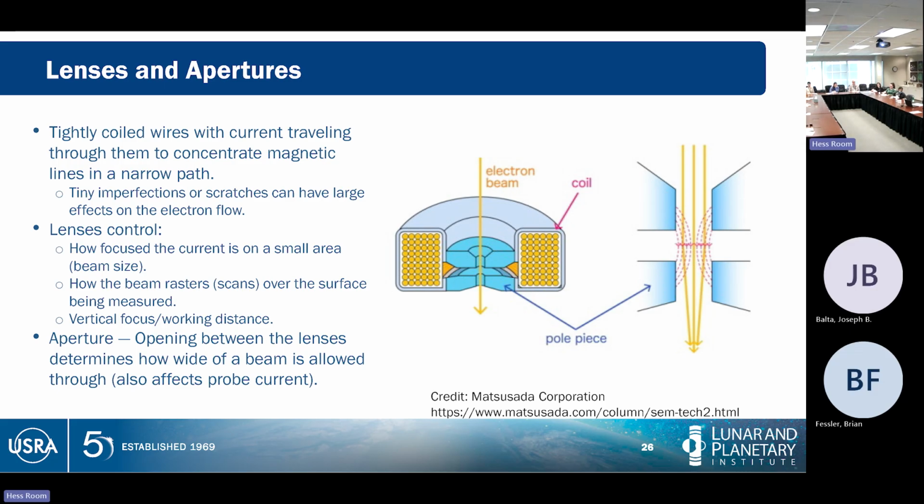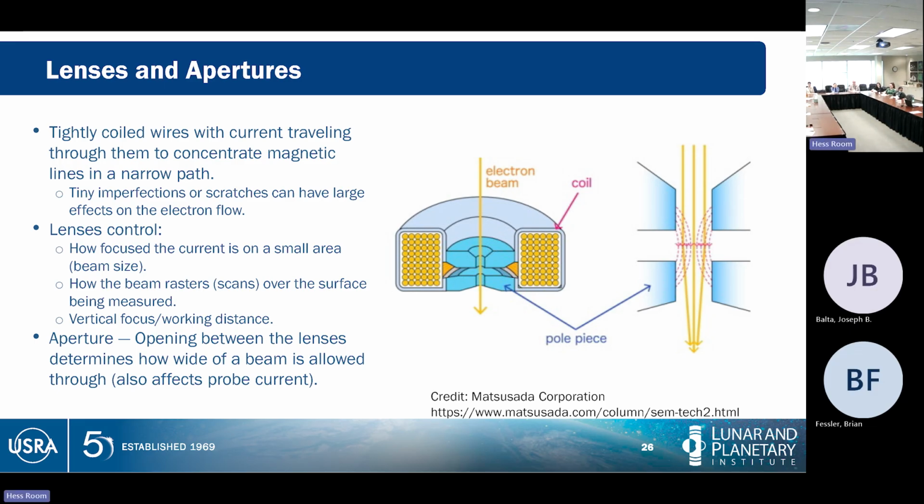There is another important term on here, seen right here. This is the aperture. This is a common setting that you will be able to adjust on electron microscopes. The aperture is the opening in between the lenses that determines how wide of a beam comes through.